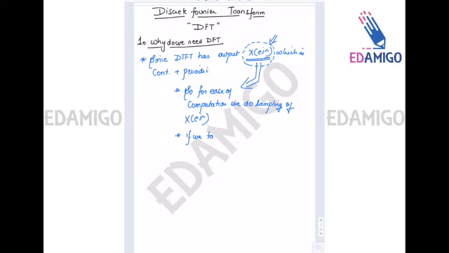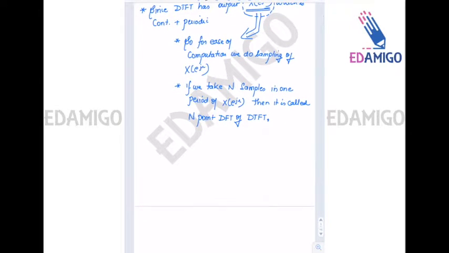If we take N samples in one period of X(e^jσ), then it is called N-point DFT of DTFT. So there's one more definition. I will be coming to that in a bit.